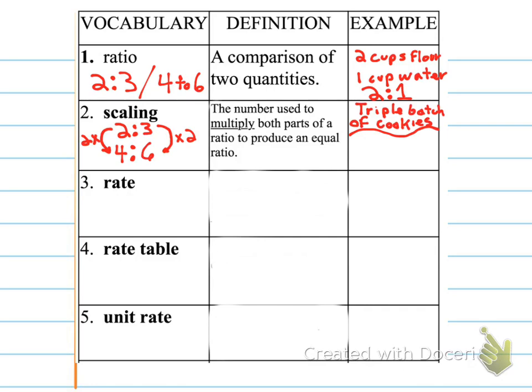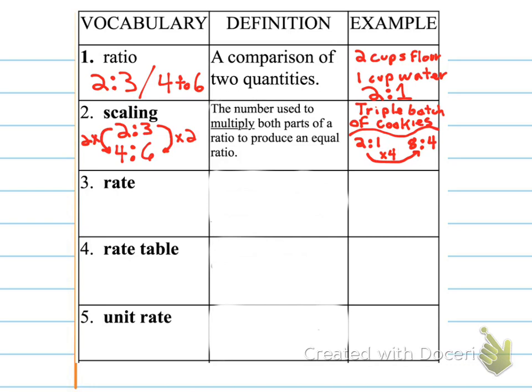And an example I could give is, again, let's use that 2 to 1 ratio, and if I multiply everything here by 4, I end up getting an 8 to 4 ratio. So that's an example of scaling. Scaling is basically just doubling or tripling or multiplying all the numbers by some other number. We've been doing plenty of that already.